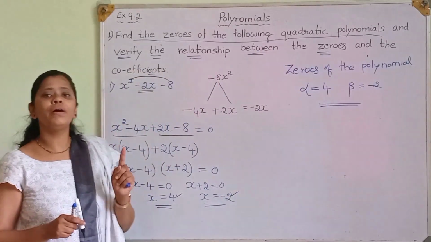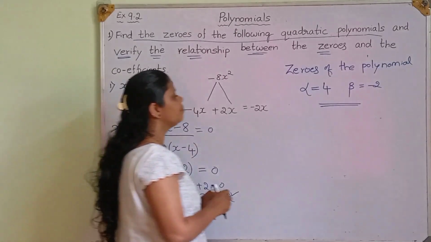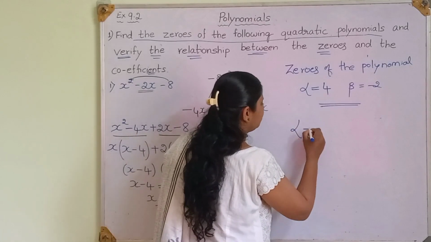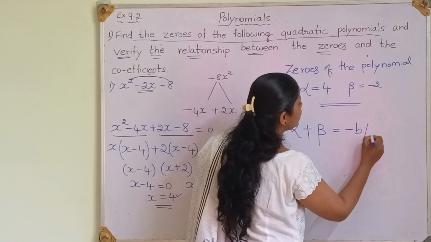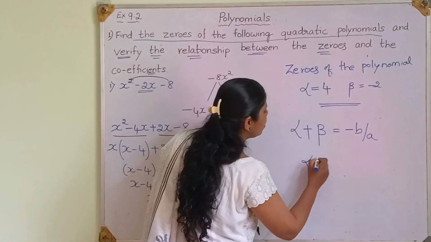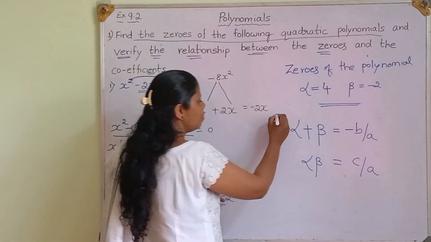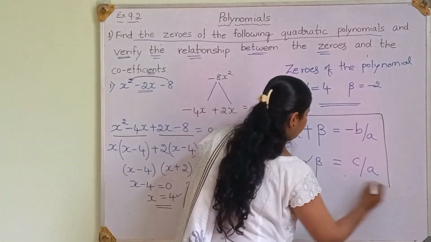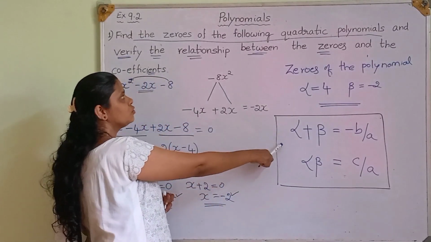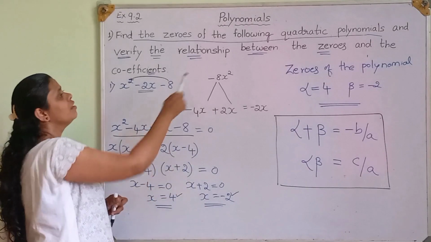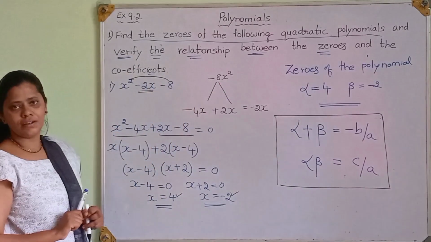Now we have to remember those formulas. Which are those? That is alpha plus beta is equal to minus b by a, alpha beta is equal to c by a. This is a very important formula. It shows the relationship between the zeros and the coefficient of a quadratic equation.